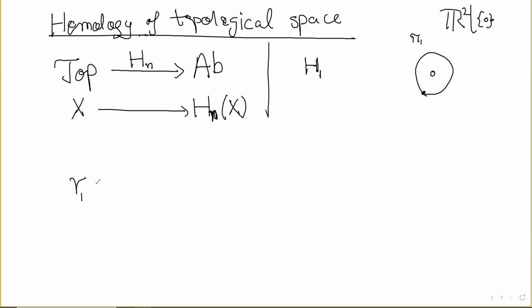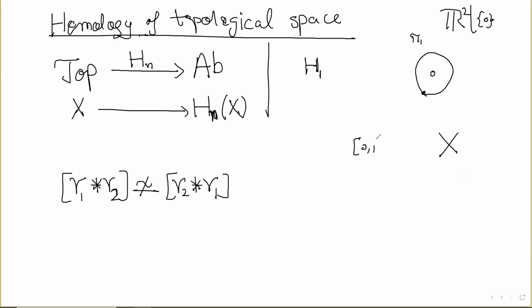If you take gamma one and then concatenate gamma two, in general this may not be homotopic to gamma two concatenated with gamma one, where X is a space and these two are loops in it.